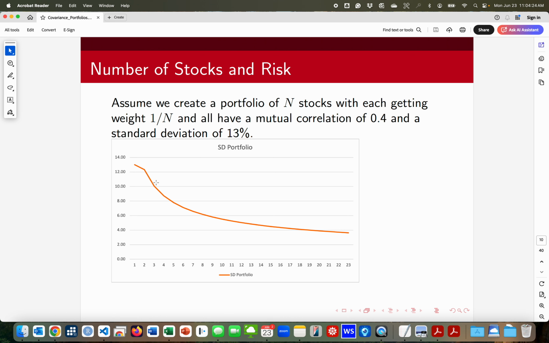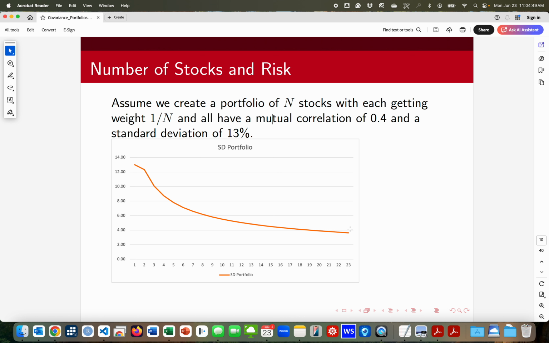As we increase the number of stocks, we actually see the overall portfolio standard deviation decrease. So this 13% up here would be if we just have that one stock, well, that one stock is your entire portfolio, so you end up with a standard deviation of 13%. As you add more and more of those, we see the standard deviation decrease, but then it starts to level off right here. So you can't run it to zero.